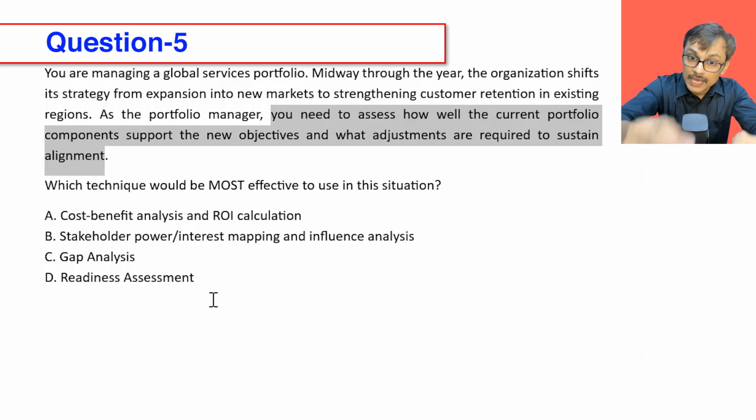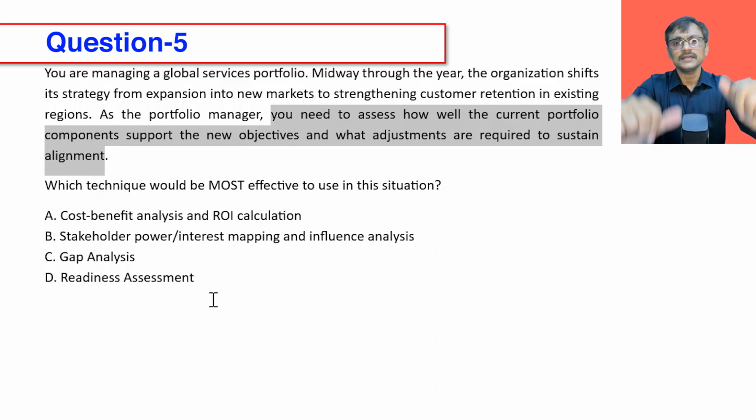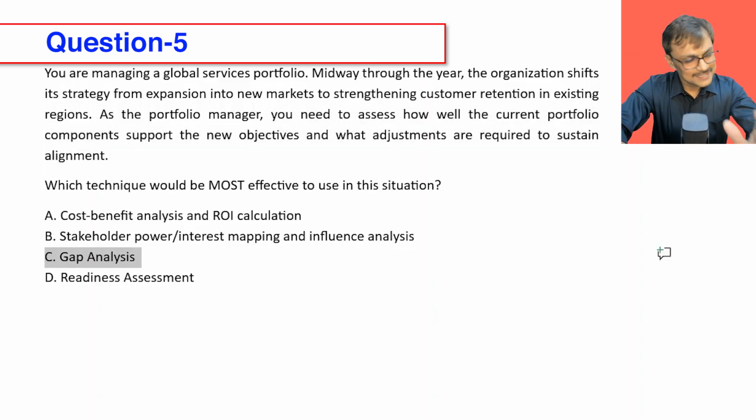Which tool and technique helps you in doing this portion? That becomes our question rather than just focusing on the process. Now, if you go into detail, you will understand this is the definition of gap analysis. And that's why the option becomes clear. So practice this and things will get easy. So yes, option is C, which is gap analysis.